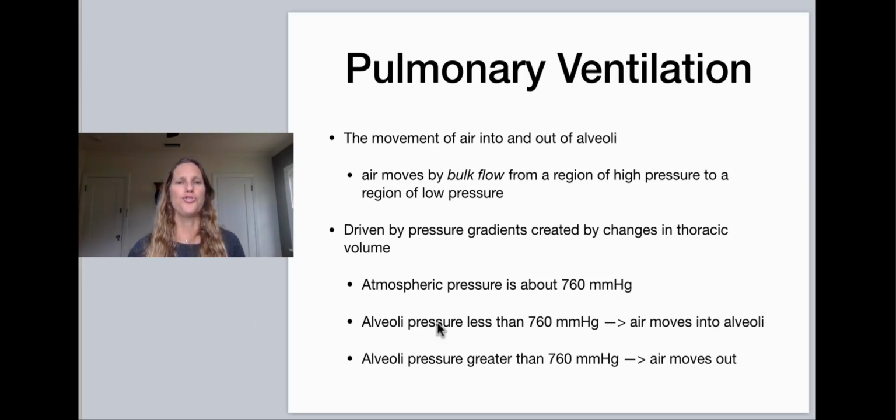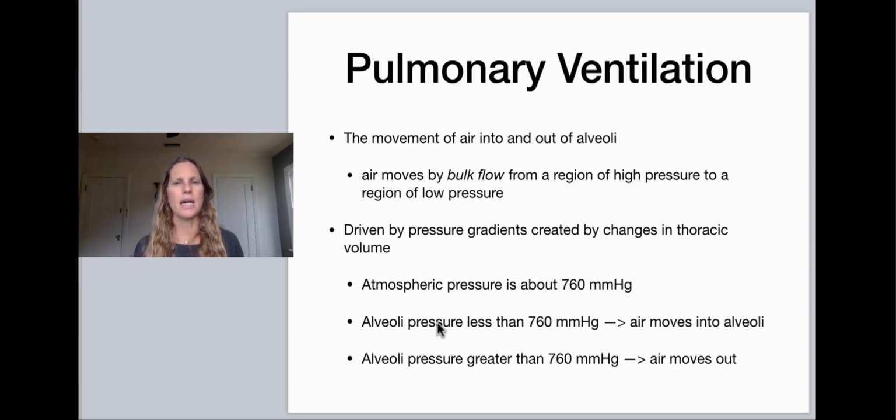All right, so in order to get air into and out of the alveoli, gases will move because of pressure gradients. The way air moves into and out of the alveoli is by bulk flow, which is just the big movement of things, in this case gases, driven by pressure gradients.